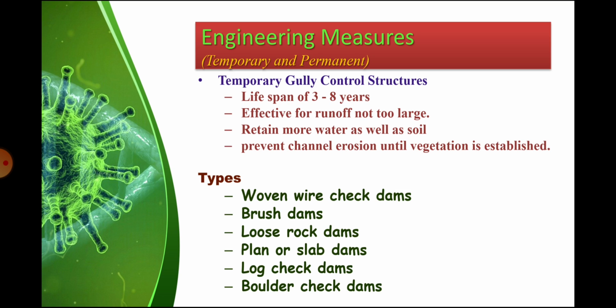So temporary check dams could be made of local material like bamboo, woven wires, shrubs, straw, sandbags, etc. And the common feature of such dams is that generally the center of the dam is kept a little lower than the sides, to allow more flow of runoff from the center.